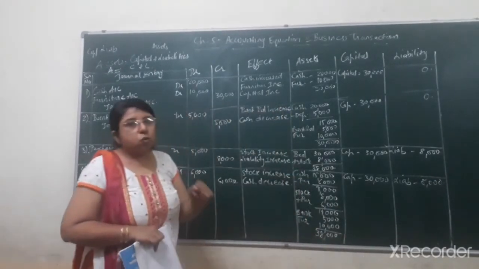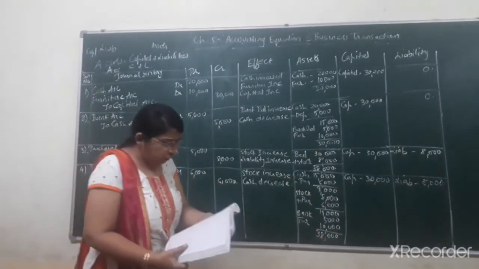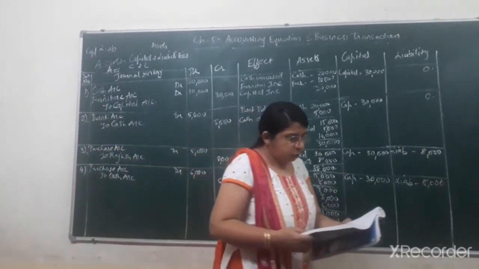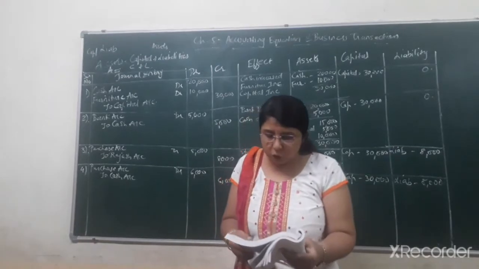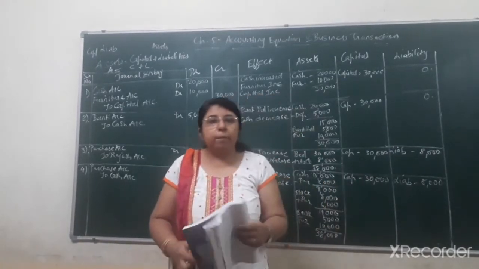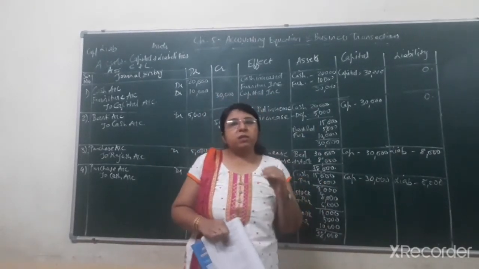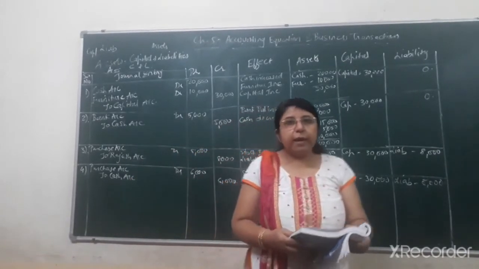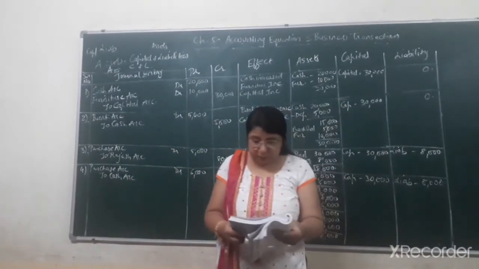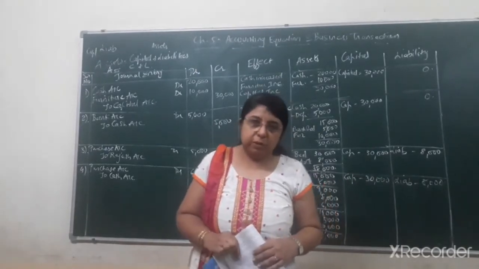Okay students, so let's start with the sum. The first transaction is Ramesh has brought cash of rupees 20,000 and furniture of rupees 10,000 to commence business. It means cash has been introduced of rupees 20,000 and furniture of rupees 10,000 to commence business.